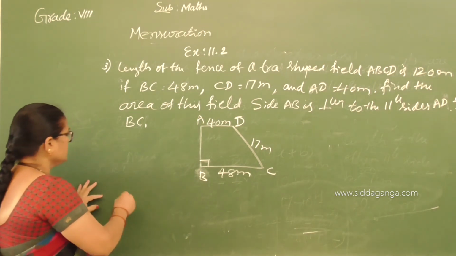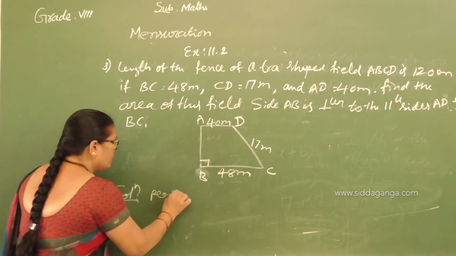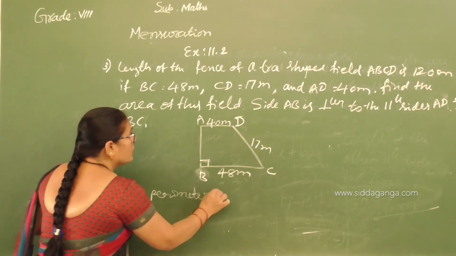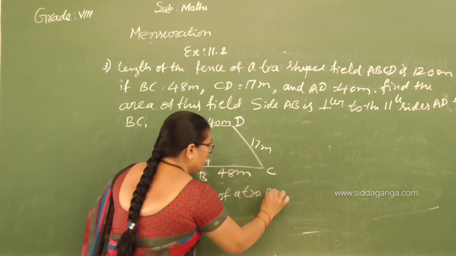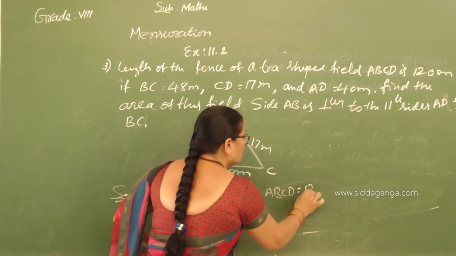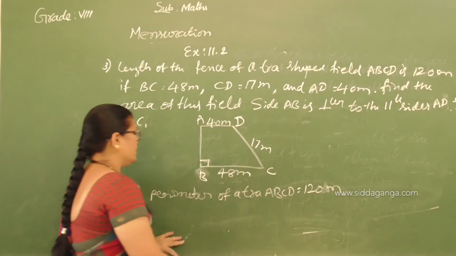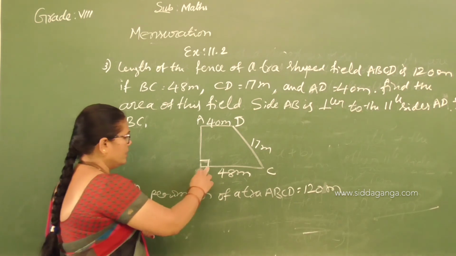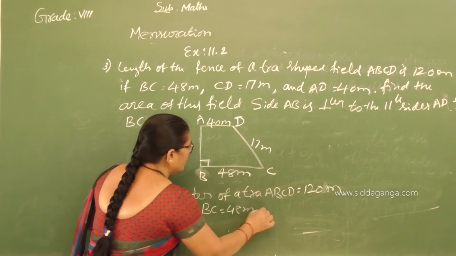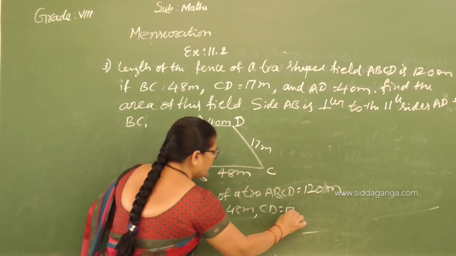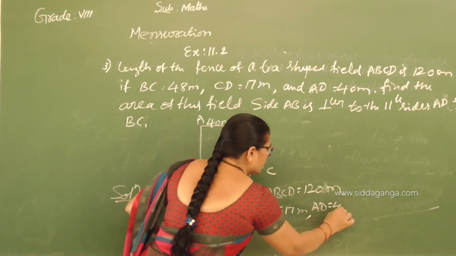Solution. Perimeter of a trapezium ABCD is equal to 120 meter. Here three sides are given. BC is equal to 48 meter, CD is equal to 17 meter and AD is equal to 40 meter.